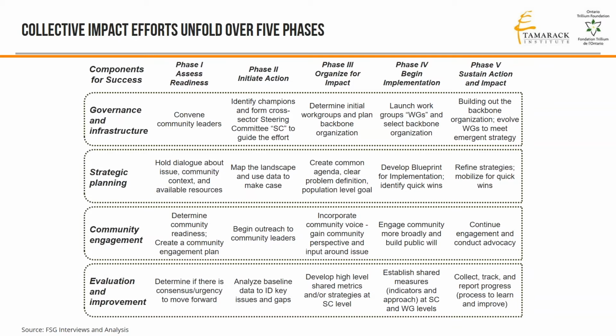So what do we have to pay attention to from a governance and infrastructure perspective? Because we've got this backbone, and key leaders and influential champions around our table. So that's a component for success that was identified.